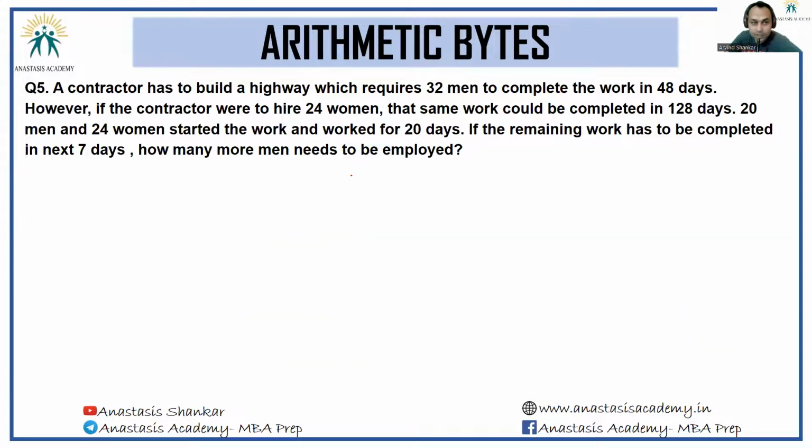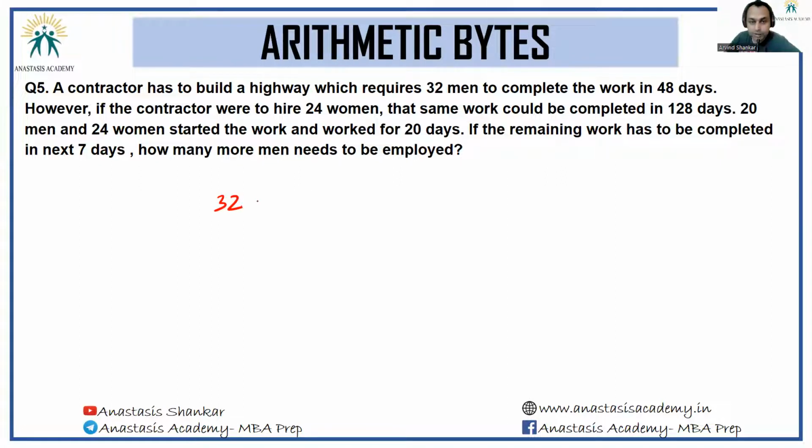Moving on. Next. A contractor has to build a highway which requires 32 men to complete the work in 48 days. However, if the contractor were to hire 24 women, the same work would be completed in 128 days. Again, we have two different sorts of workers.